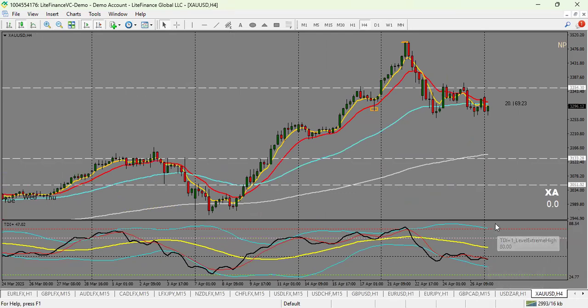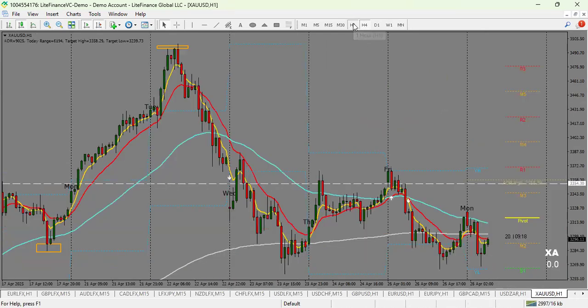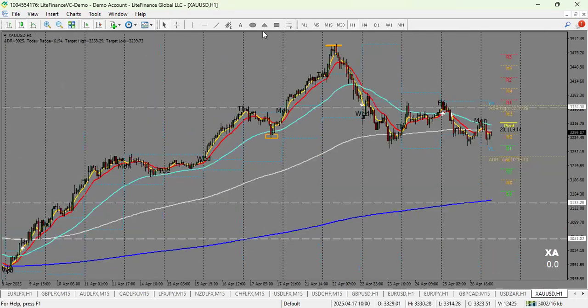It's like forming another W here on the TDI. So this is an area of peak reset, and price has stayed confined within this zone.